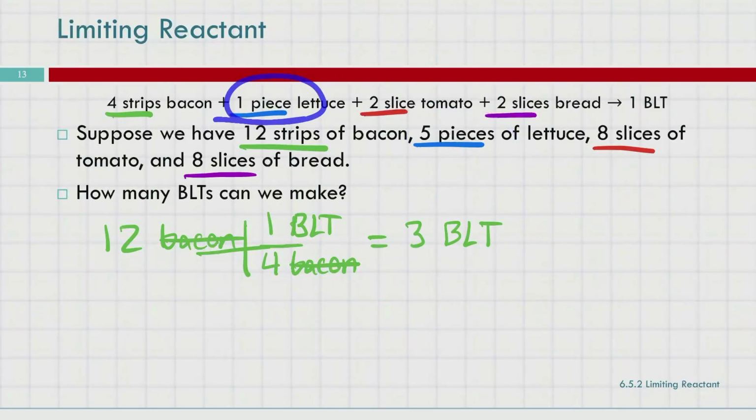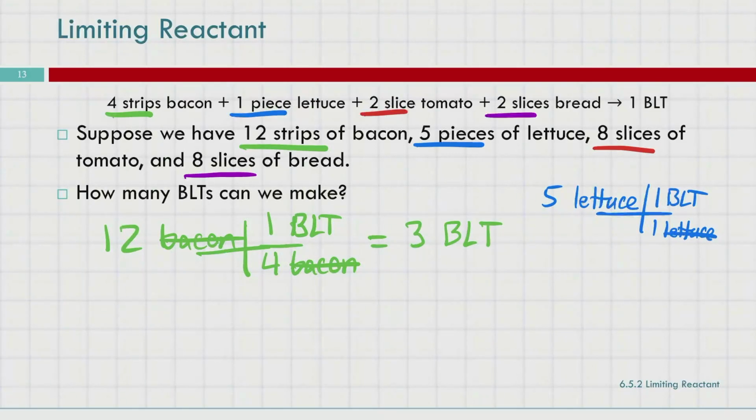For our lettuce, it's 1 piece of lettuce for 1 BLT. Hopefully pretty straightforward in terms of the math. I'm writing it out just to show you, in case you needed it. So 5 lettuce means potentially 5 BLTs.